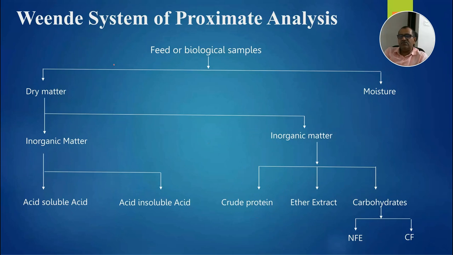Then the Weende system of analysis, especially this deals with the feed or biological sample. Whenever it is obtained, it needs to be estimated for both dry matter content and moisture. So grossly, what we can estimate is number one the dry matter, and number two the organic matter.